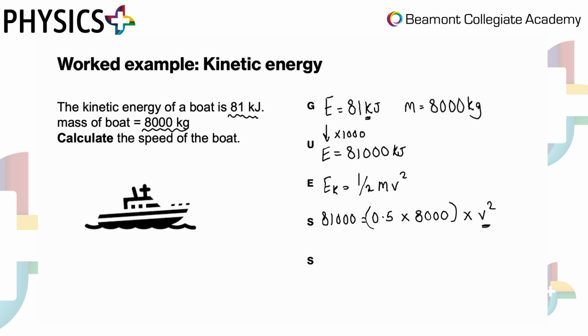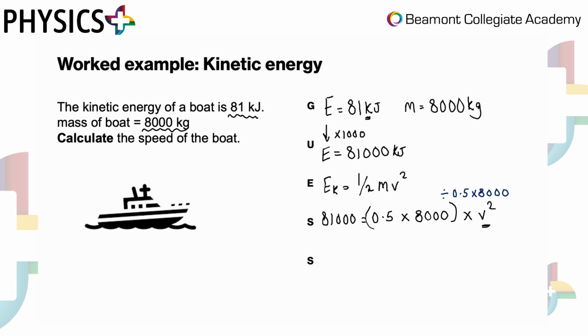Okay, to get the V on its own, we need to get rid of the 0.5 times 8,000. And to do that, we divide it by 0.5 times 8,000. Whatever you do to one side of the equation, you must do to the other.